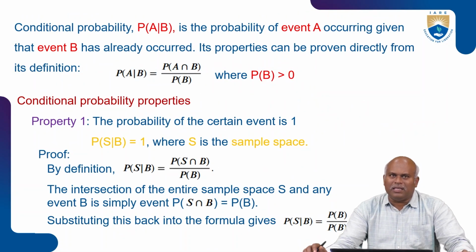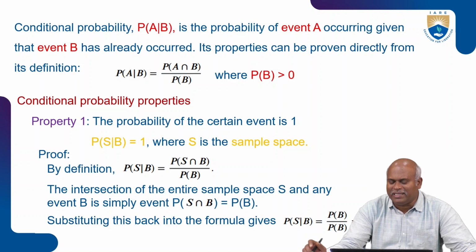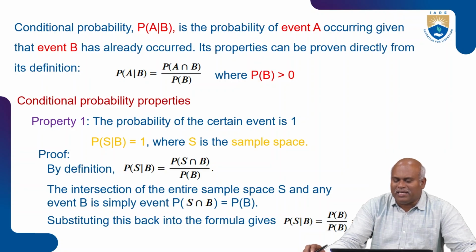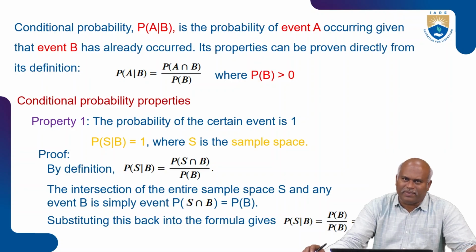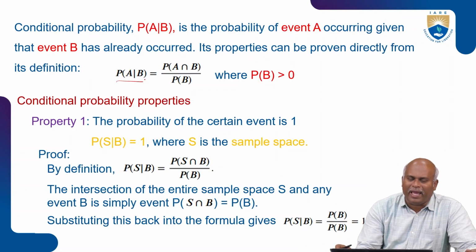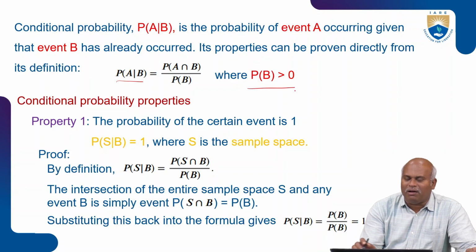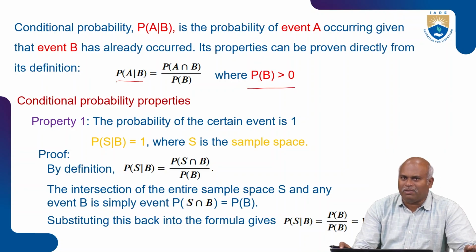The conditional probability P of A given B is the probability of event A occurring given that event B has already occurred. Its properties can be derived directly from the definition. If the conditional probability P of A given B is equal to P of A intersection B divided by P of B, in this case P of B must always be greater than 0.